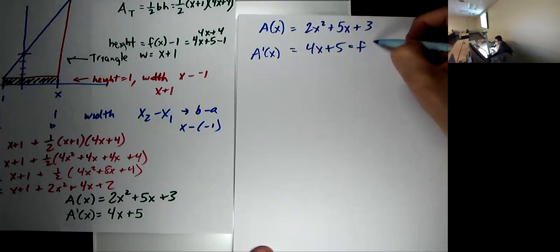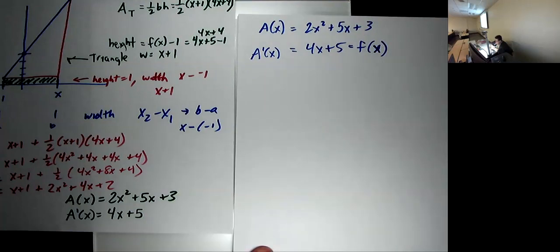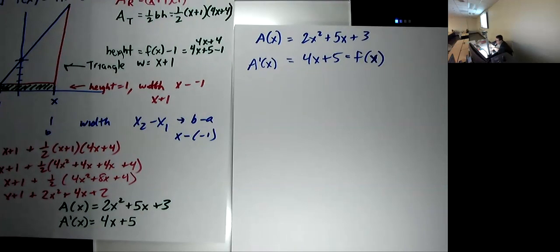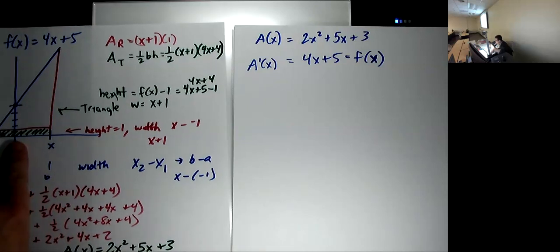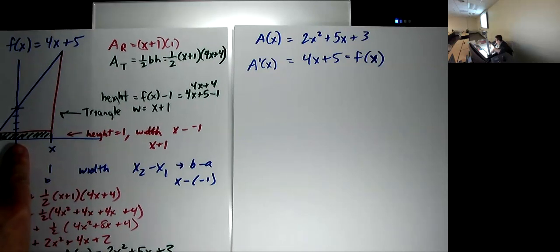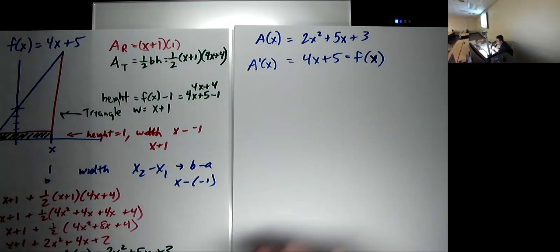That was what was given to us. So could we have gotten A of x really quickly without doing this picture and this formula, figuring everything out? Because figuring out this formula only worked because I used shapes I know how to do the area for. If this was some crazy curve, I don't know how to do that. I know rectangles and triangles.